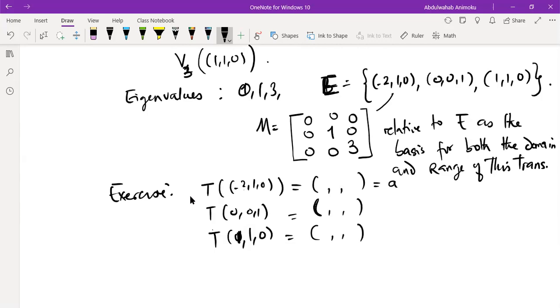Now try to write this vector as a linear combination of these vectors.